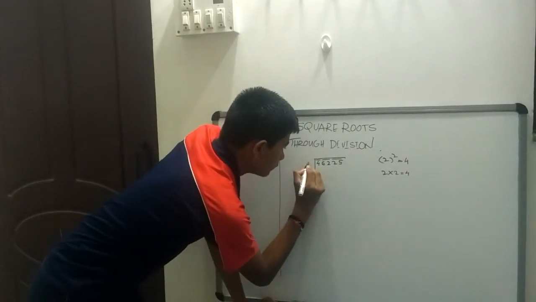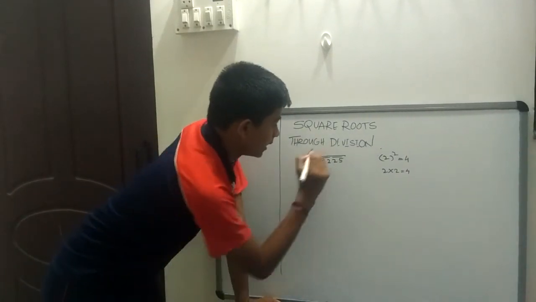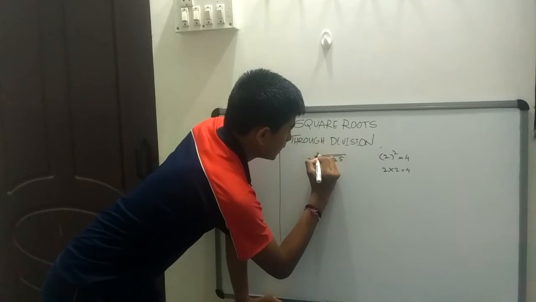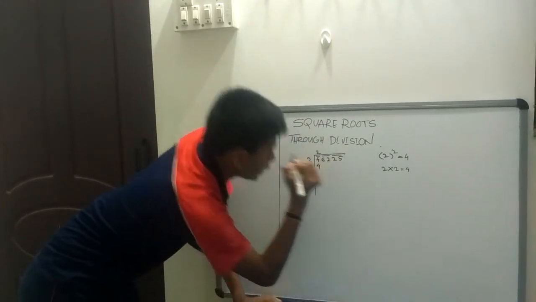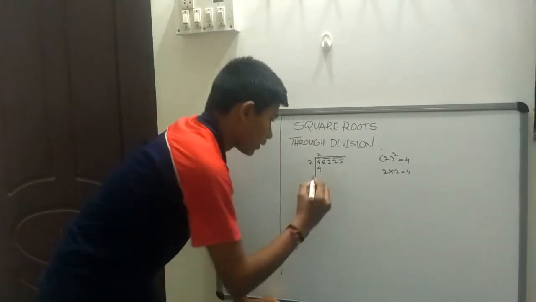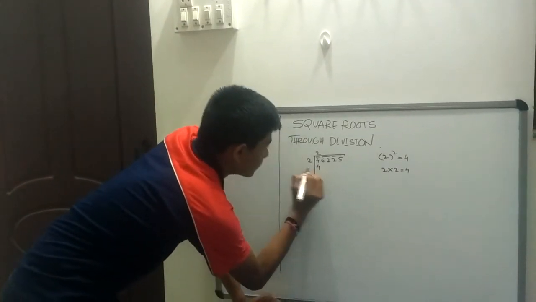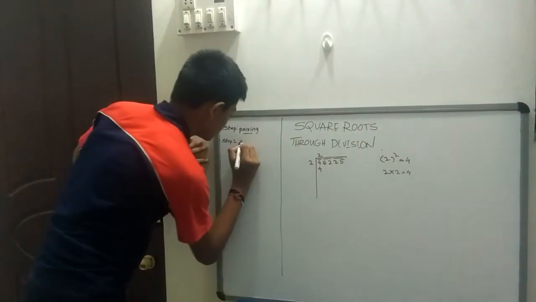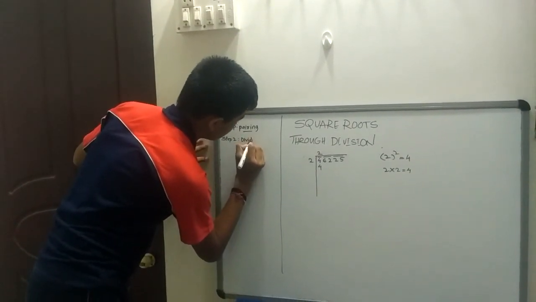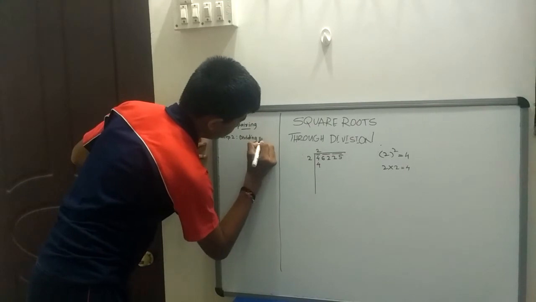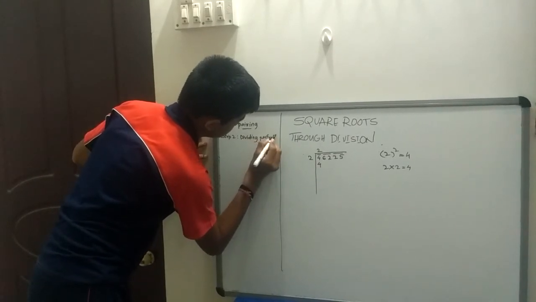So now we will have 2, and this is multiplied with 2 to get 4 here. The step 2 was dividing with a perfect square.